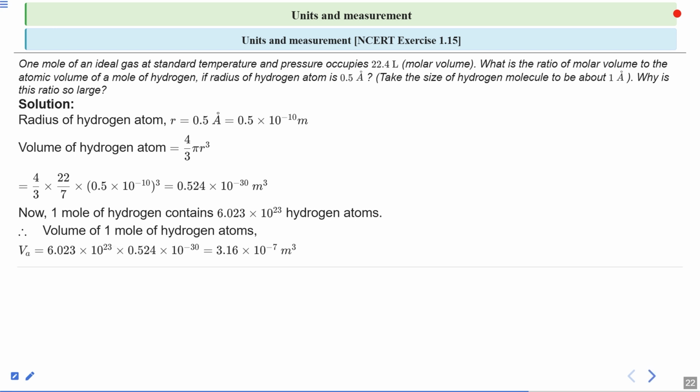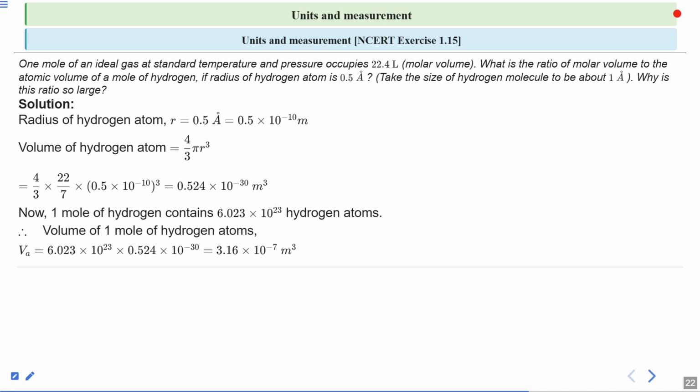So the volume of 1 mole will be 6.023 times 10 to the power 23 times the volume of 1 atom, or 1 molecule. So again we get 3.16. This is not our final answer. Our final answer is actually a ratio.